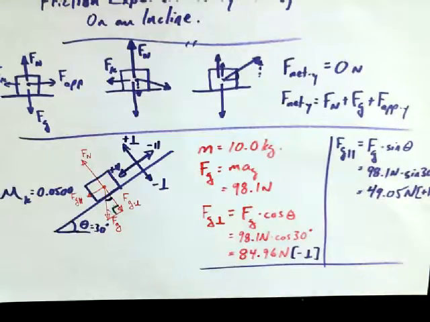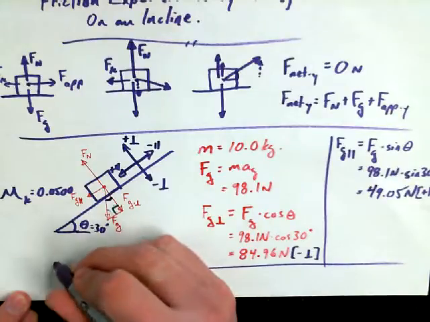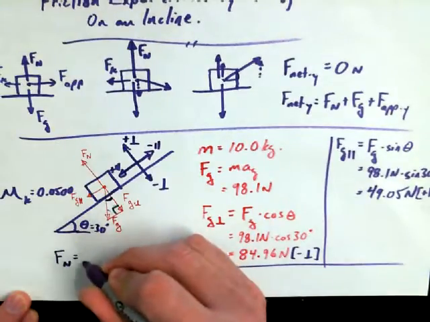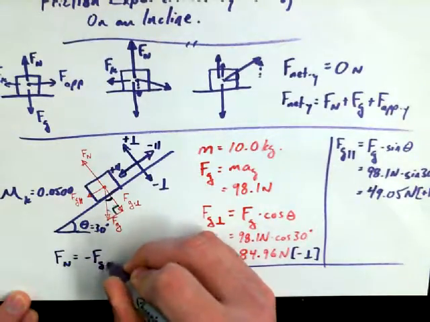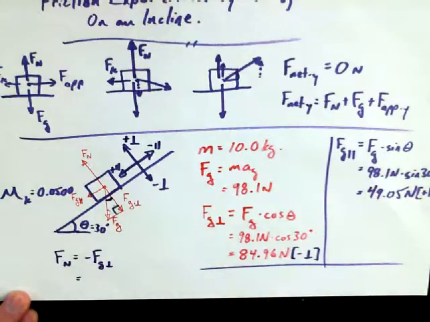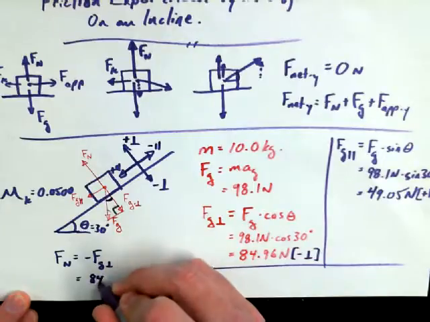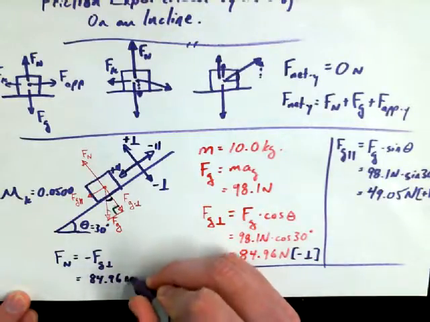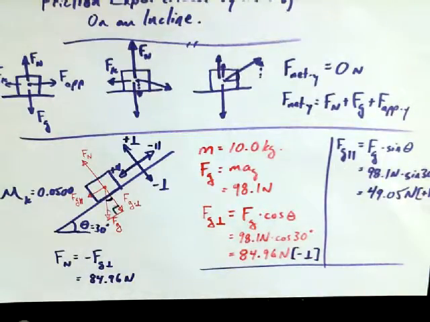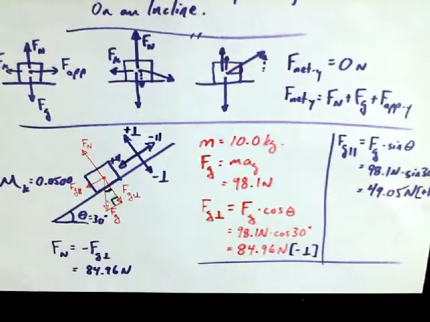Yeah, so I might make the assumption, since there's no angled applied force or extra angled applied forces, that Fn is equal to negative Fg perpendicular, which would mean that Fn is equal, at least in magnitude, to 84.96 newtons. So now if I go to find my friction force, maybe I'll use a new piece of paper.